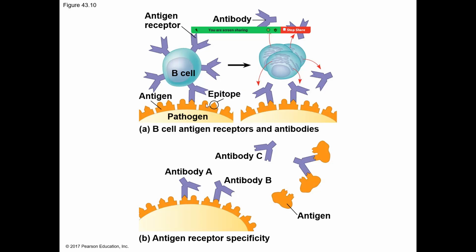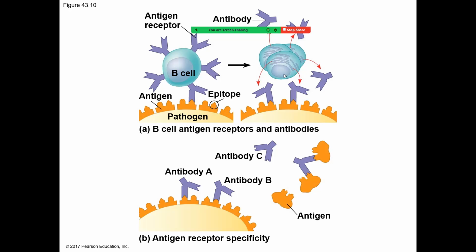So again, that's just one small section of an antigen that will be recognized by a specific antigen receptor on a B cell. So you can see that this antigen receptor will only bind to this epitope. It will not bind to this epitope on this antigen here. Now, once this happens, again, I have B cell activation.